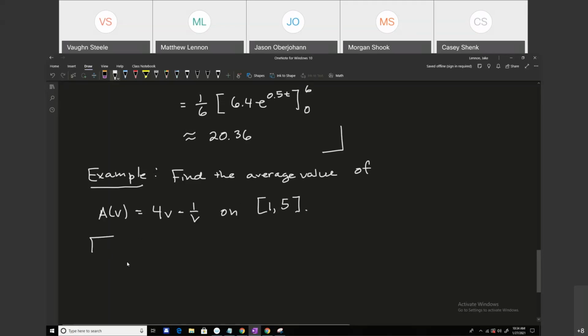So what are we doing here? We're still doing the same thing. We're getting the fraction on the front, 1 over 5 minus 1 from our interval, and then we're integrating from 1 to 5 this function right here, 4V minus 1 over V dV.